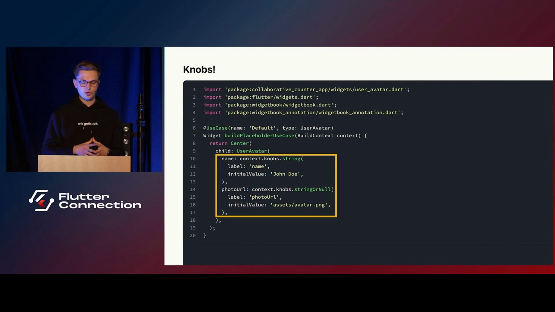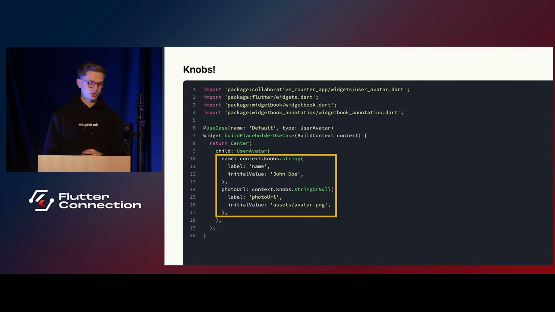And for the photo URL, we're doing the same, but right now we're using another data type. So we're not using string, we're using string or null. So what that does right now is that if the photo URL is null, the component dynamically changes, and instead of the picture that we previously saw, we will see a circle with the first letter of the first name.